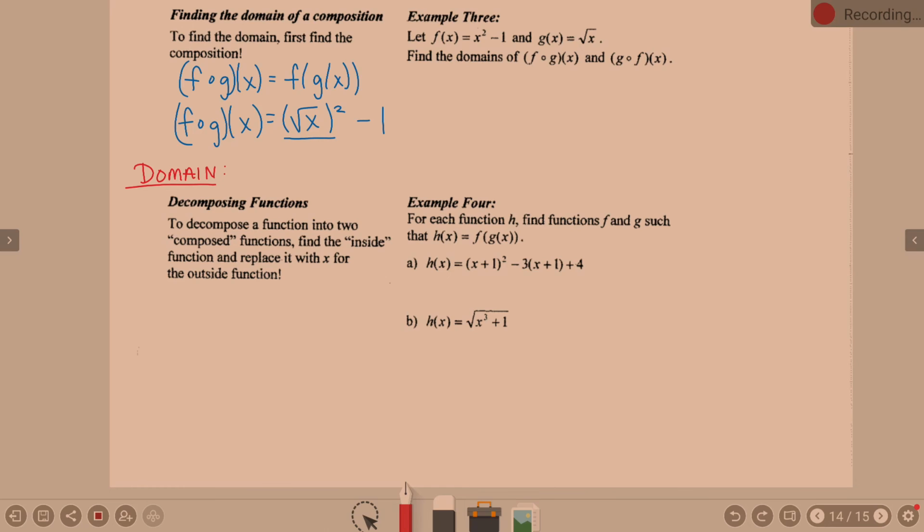Can I put any old value in here? If I write it as Kylie wants, X minus 1, I can put anything in for X, right? But can I put anything I want in for square root of X? No, because to put a number under a square root, it has to be positive.